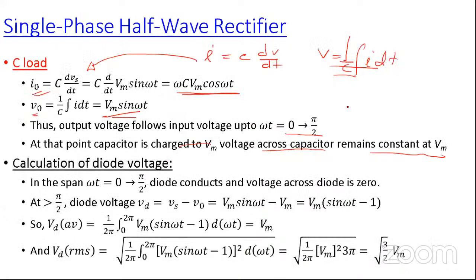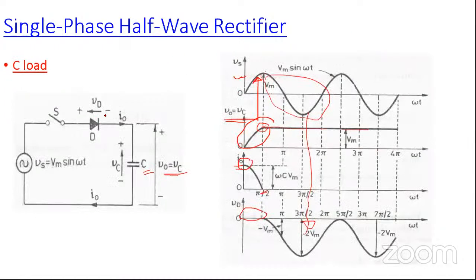Okay. Now, sometimes we have to know what the voltage across the diode is. For that purpose, for omega t from 0 to pi by 2, the diode conducts and the voltage across the diode is 0. For omega t greater than pi by 2, you can get the voltage across the diode after this period.